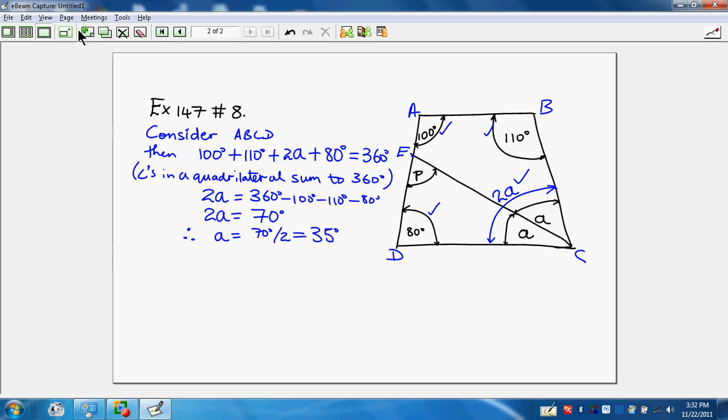So if we know A is 35 degrees, it means that here is 35 and here is 35. Okay, so we know each one of those is 35.